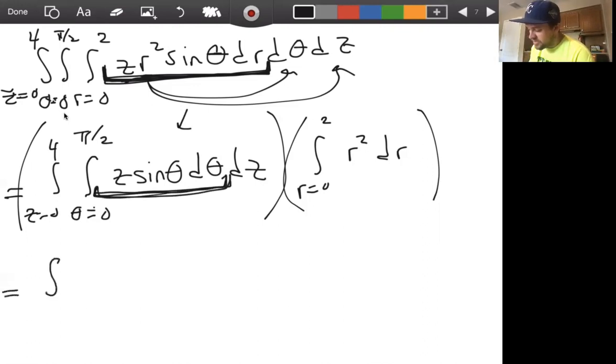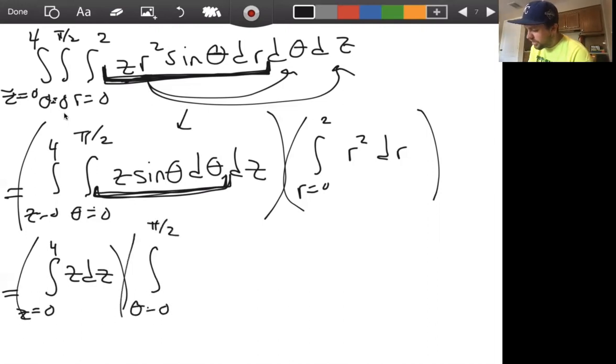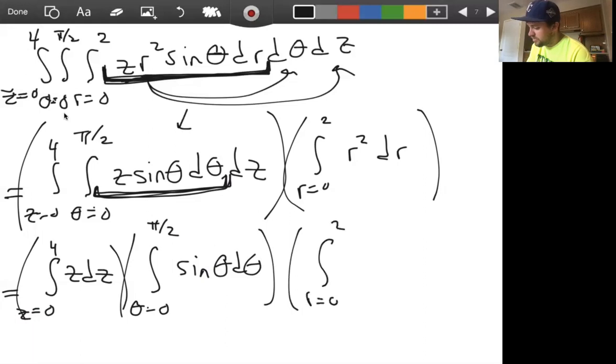And so because of that, this becomes integral z goes from 0 to 4 of z dz times integral theta goes from 0 to pi over 2 of sine theta d theta times integral r goes from 0 to 2 of r squared dr. And now this is a product of 3 single variable integrals, right?